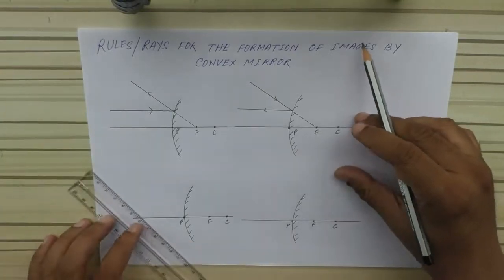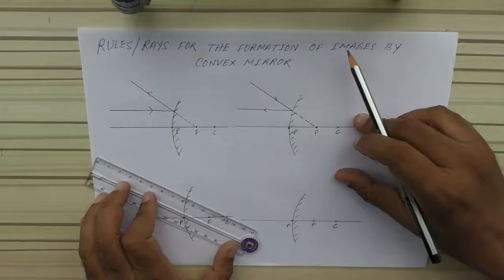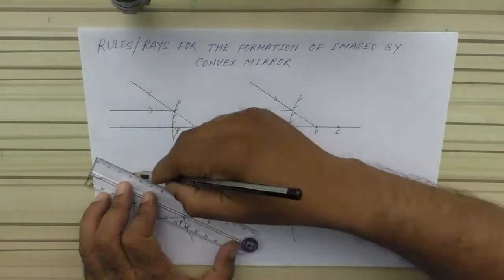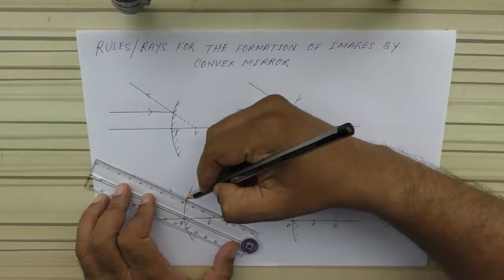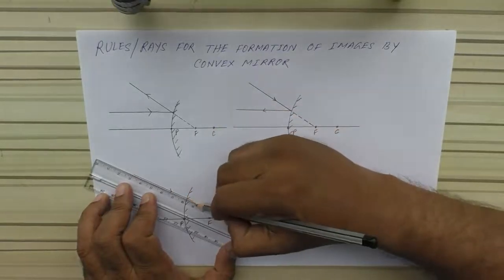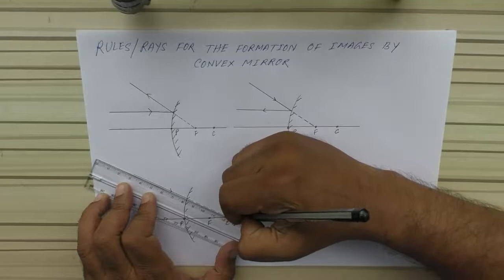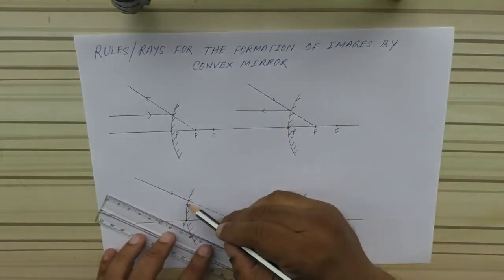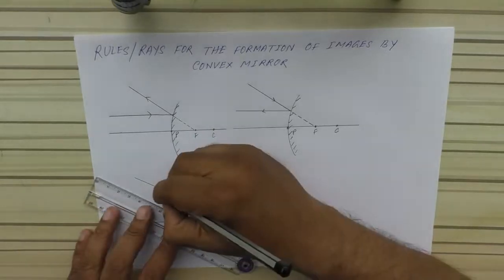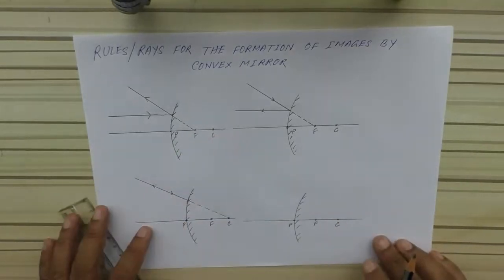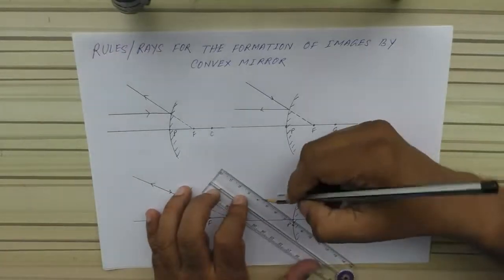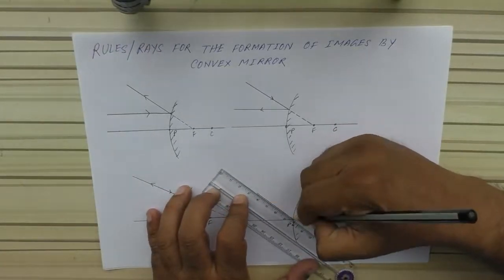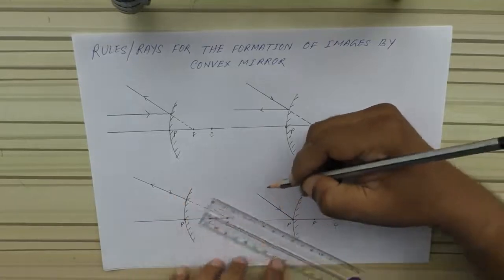Now the third one, if a ray of light appears to converge at center of curvature, there will be normal incidence here. With the mirror it will be 90 degrees and the ray of light retraces its path. And the fourth one, if a ray of light is incident at pole, it reflects symmetrically.